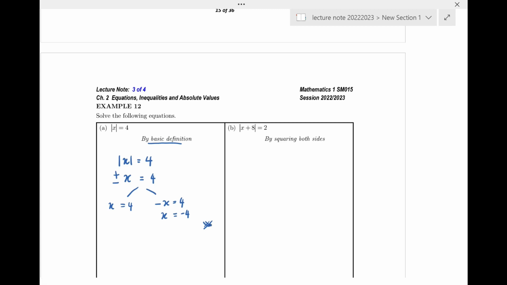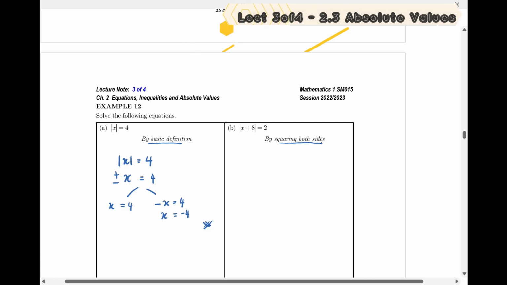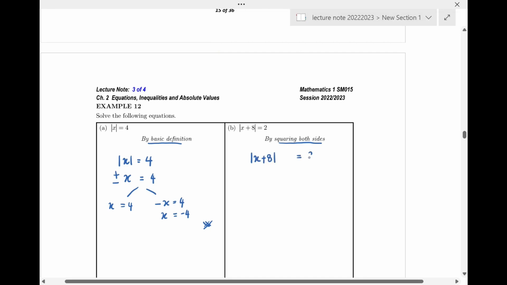Next one, part B. They ask us to solve this by using the squaring both sides method. So I rewrite the equation first. Modulus of x plus 8 equals 2. To use the squaring both sides method, we have to use the second definition, which is the distance definition. For the left side, the modulus is actually the distance, which is the square root of x plus 8 squared.